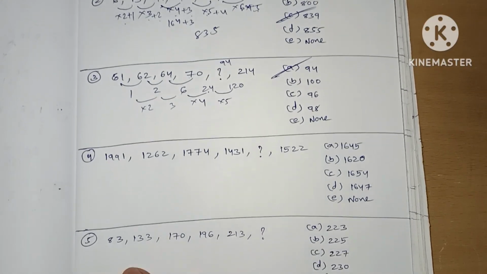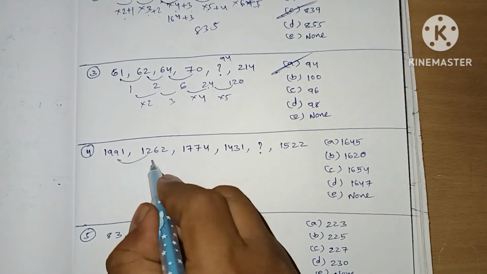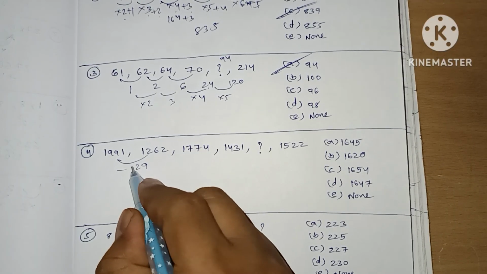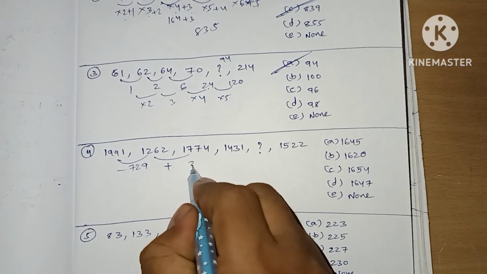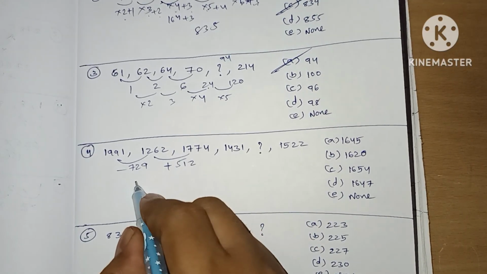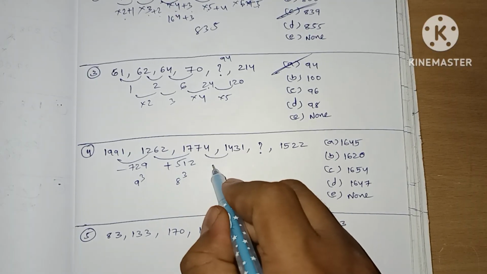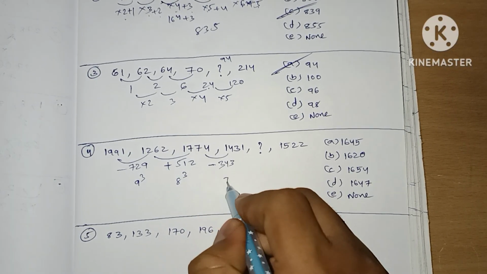Next one. Here we'll go with the differences. Here the difference is minus 729. Here the difference is plus 215. These are cube values, 9 cube and 8 cube values. Here minus 343, 7 cube.